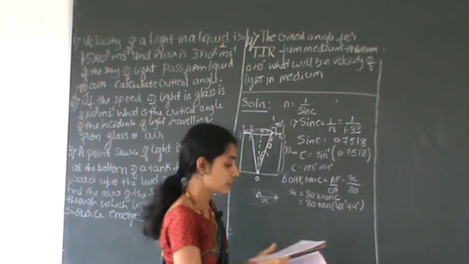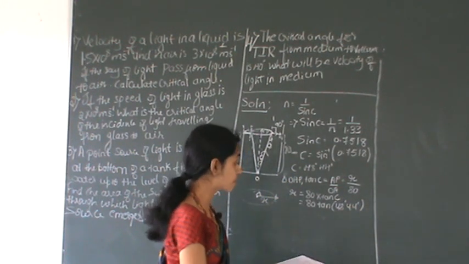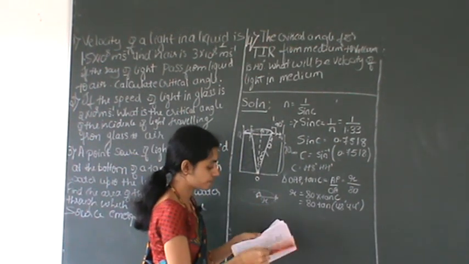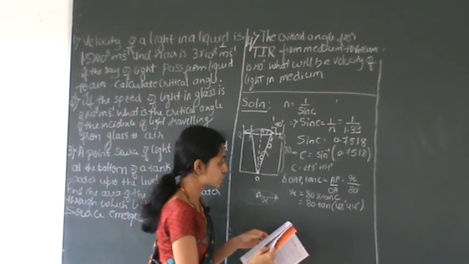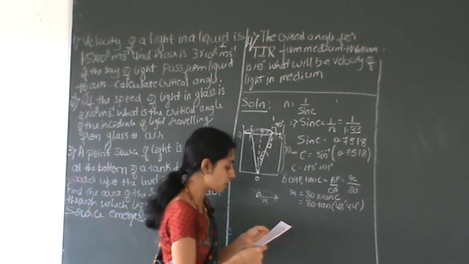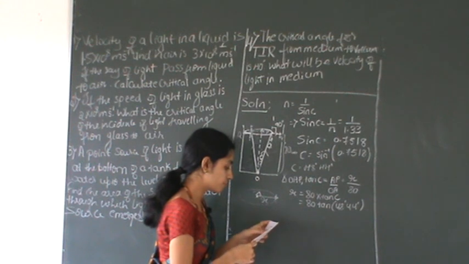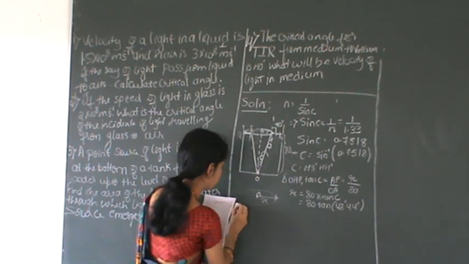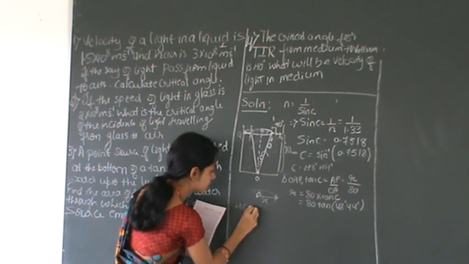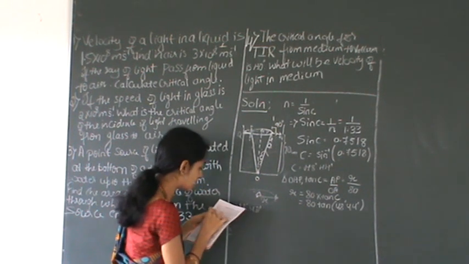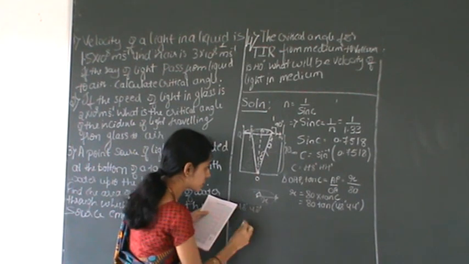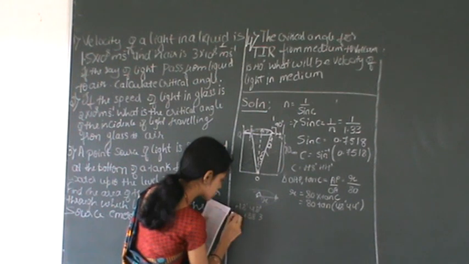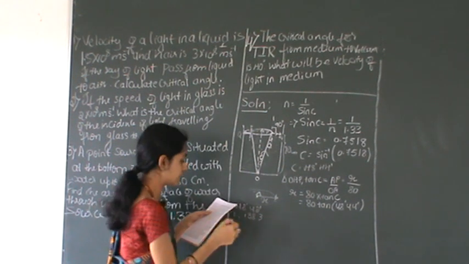For that, once again I am going to use the log table, that is the natural tangent table. I will see the value of 48 degree 44 minutes. For 48 degree 42 minutes, initially I will get 1.1383.